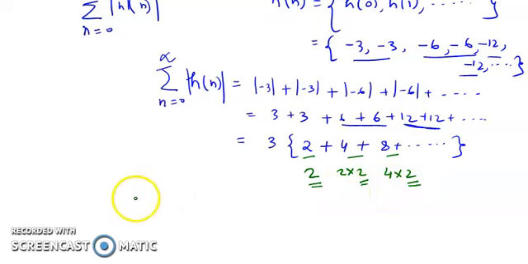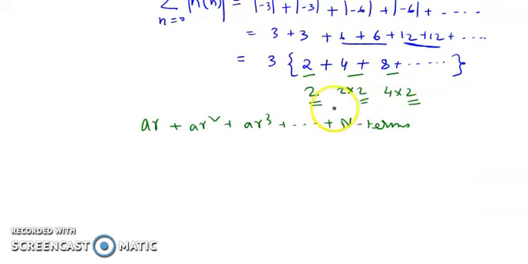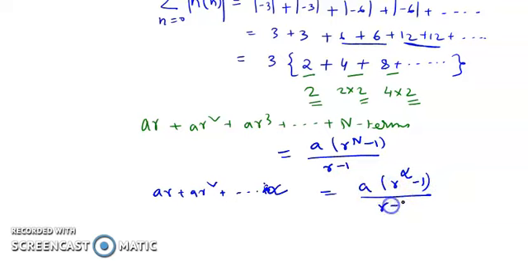So we know that for a geometric series, when there are terms like a plus ar plus ar square plus dot dot dot plus n terms, this is given as a into r to the power n minus 1 divided by r minus 1. If an infinite series is there, then this equation becomes a into r to the power infinity minus 1 divided by r minus 1.